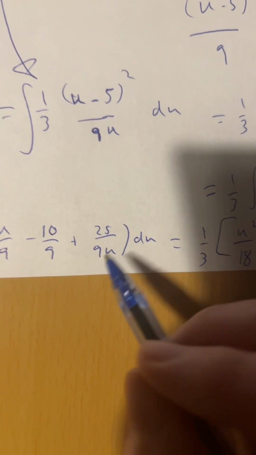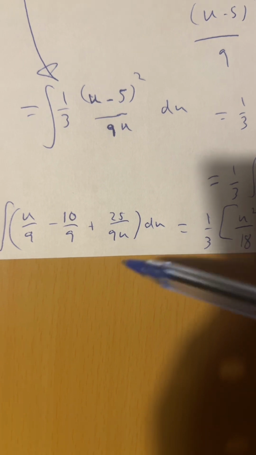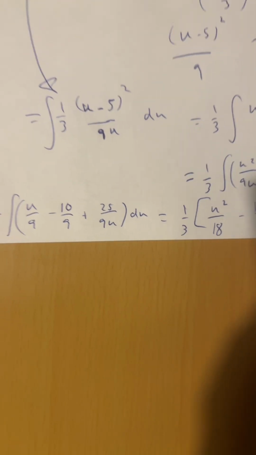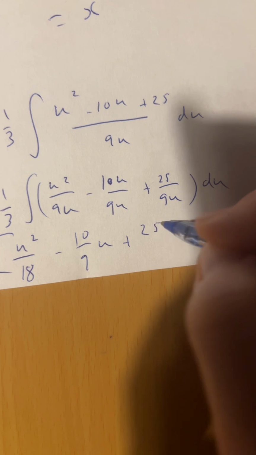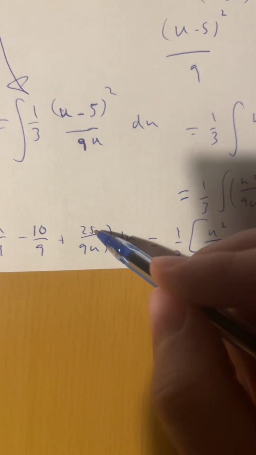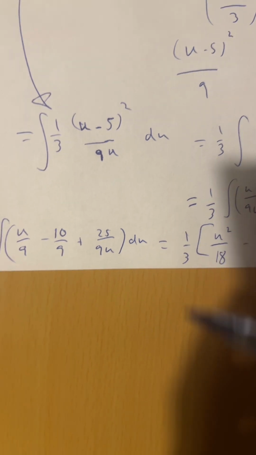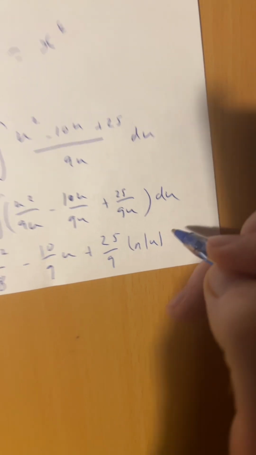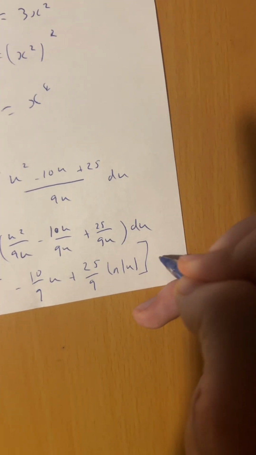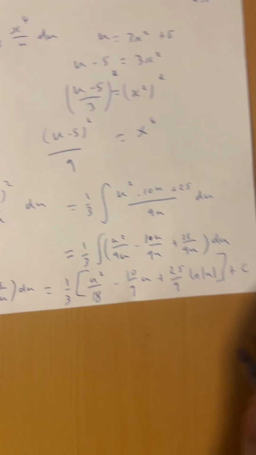So 25 over 9u. If you go back to video 1 in this series, you should know how to integrate that. That is going to give you plus 25 over 9, and then we're integrating 1 over u, which is ln modulus u. So ln modulus u, close brackets, and then plus c, because we have no limits on the integral.